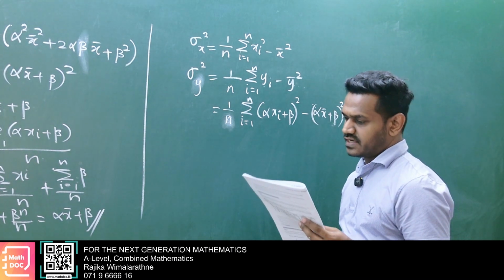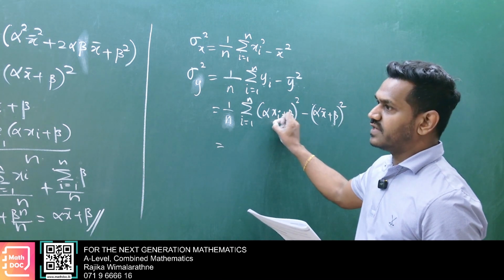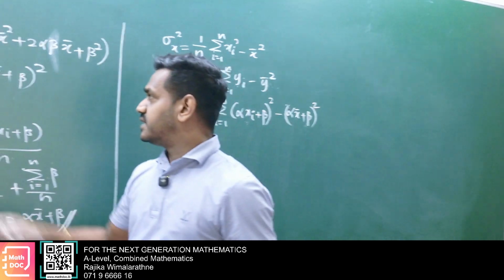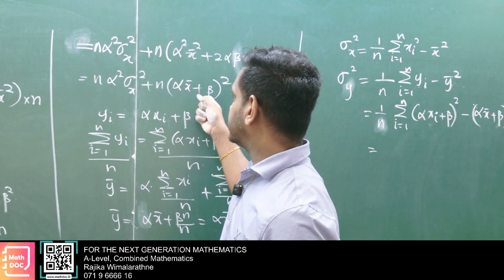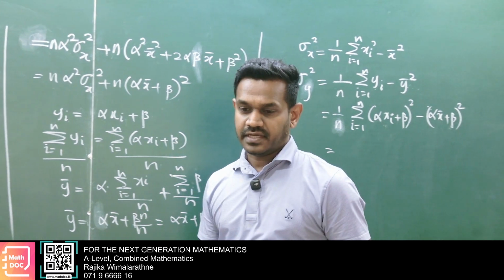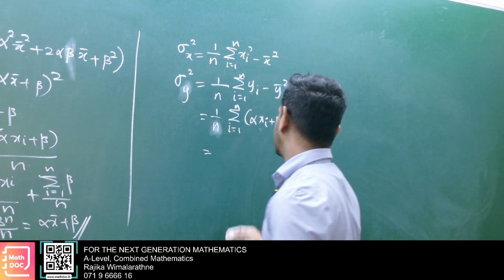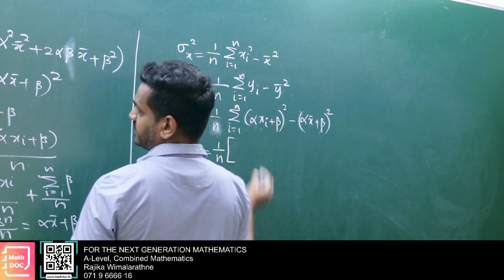Then we have to convert that. This thing we have done before. So here it is n alpha squared sigma x squared plus n times (alpha x bar plus beta) squared. Then 1 over n for this one.